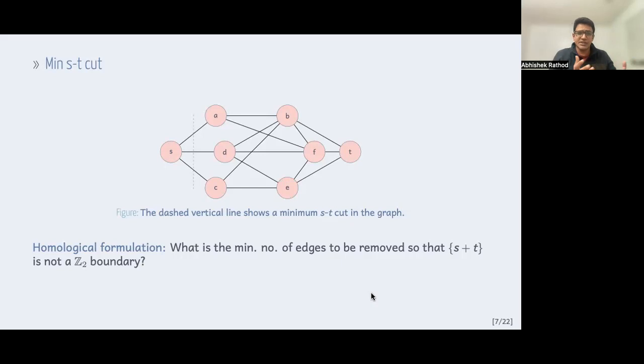So recall that min cut asks for the minimum number of edges whose removal disconnects S from T. Equivalently, it is the minimum number of edges that need to be removed so that there is no path connecting S and T. There's a path connecting vertex S to vertex T if and only if the boundary of the path is S plus T. So the homological formulation of the min cut problem is: what is the minimum number of edges you need to remove so that S plus T is not a Z2 boundary?